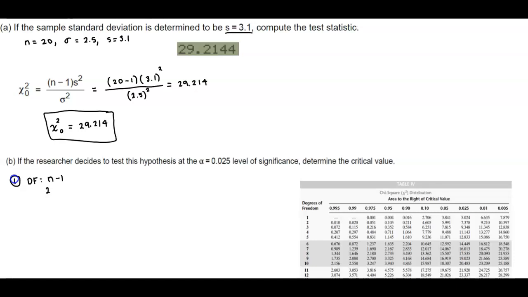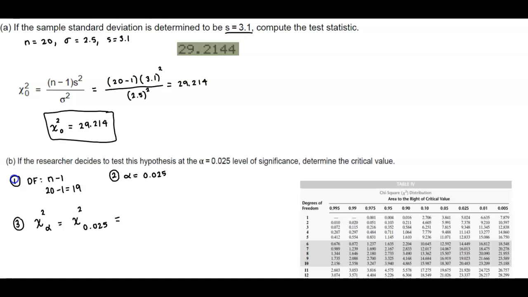Our sample size is 20, so we subtract 1 to get 19. Then, alpha is 0.025. Since this is a right-tailed test, we're looking for chi-squared with an alpha of 0.025.